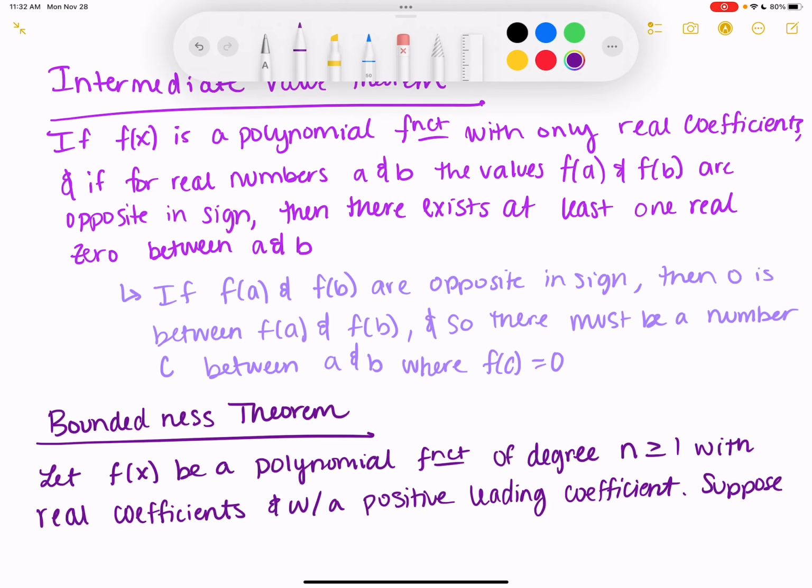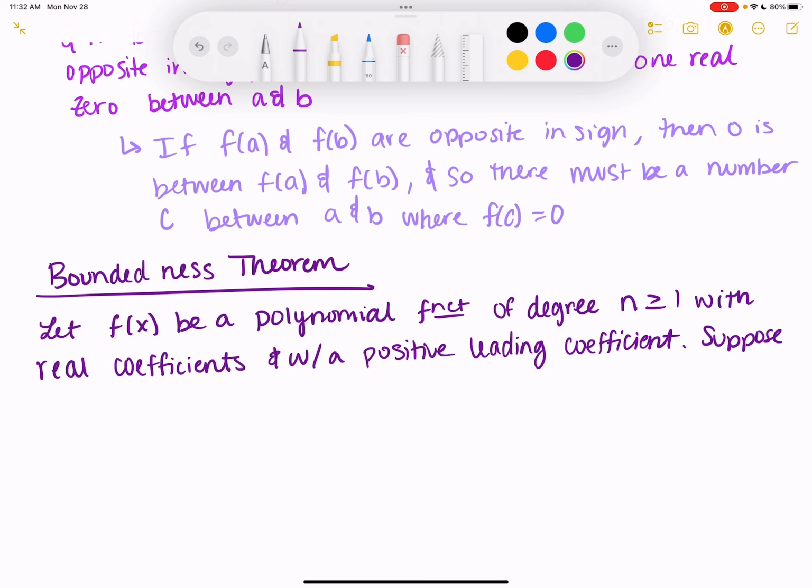Suppose f of x is divided synthetically by x minus c.